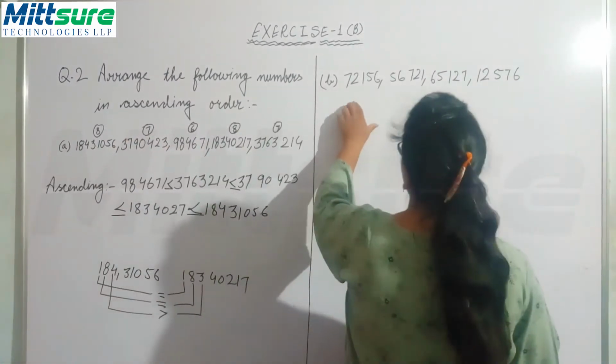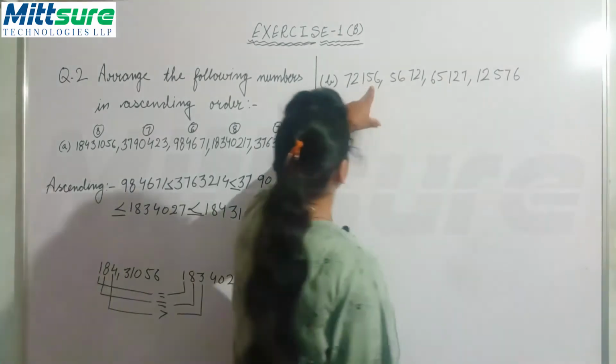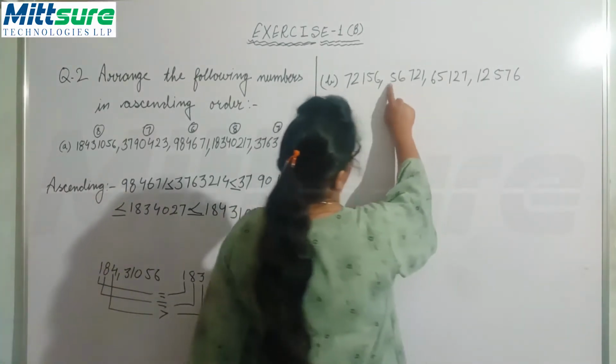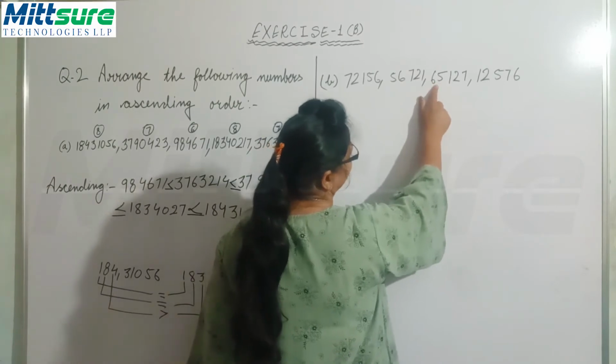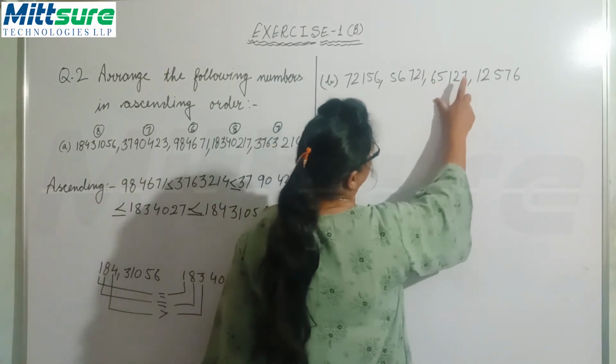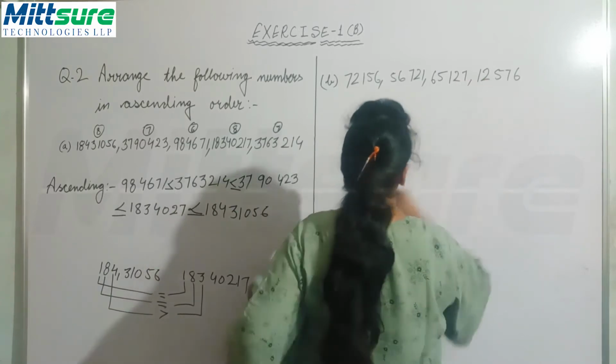Here is 72,156 and this is 56,721 and this is 65,127, this is 12,576.